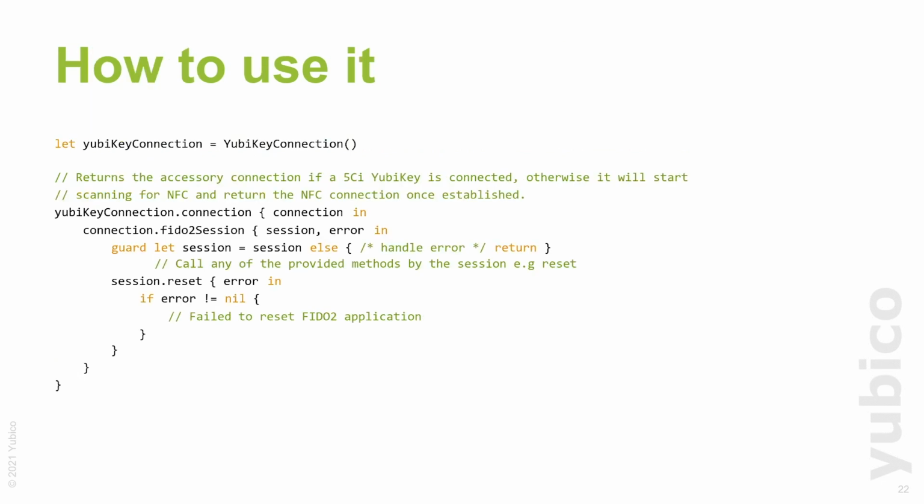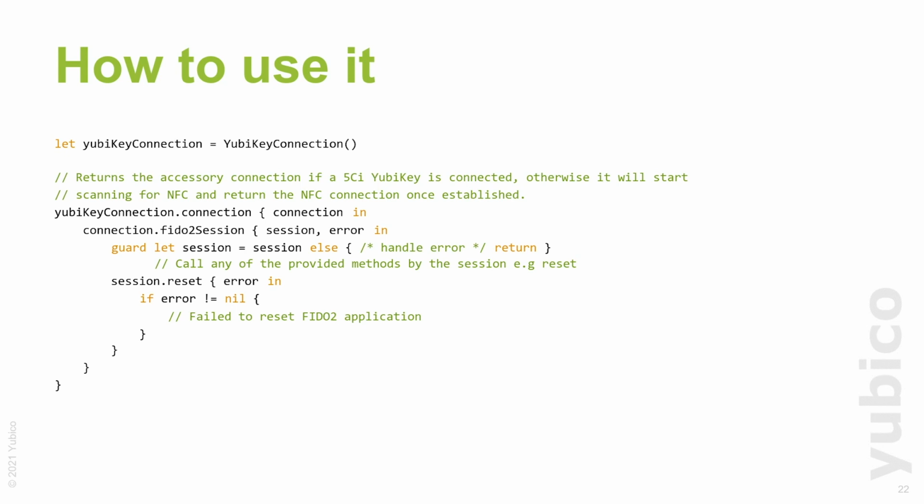So let's take a look at how to use this. You create your YubiKey connection object, and then you call the connection method on it. It will take a completion block, and since it's the last parameter in this method, we can do this trick with Swift with just this trailing completion.